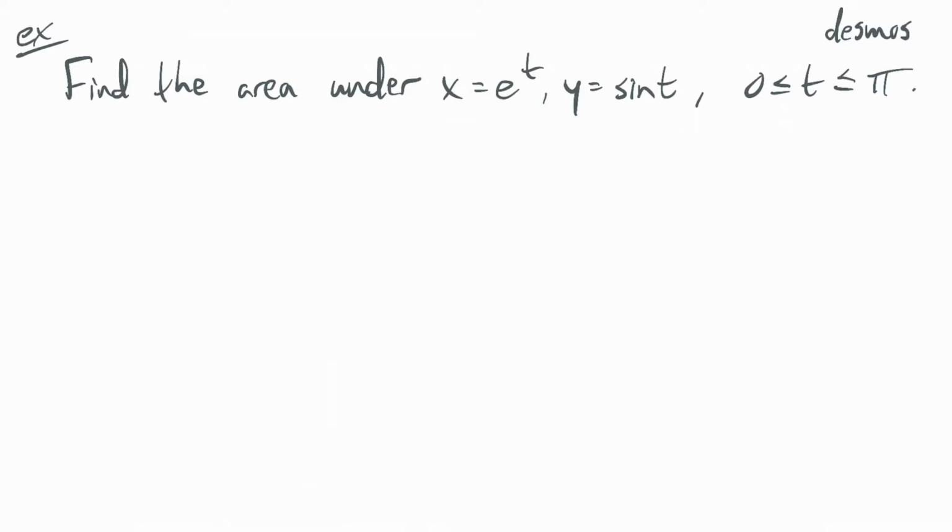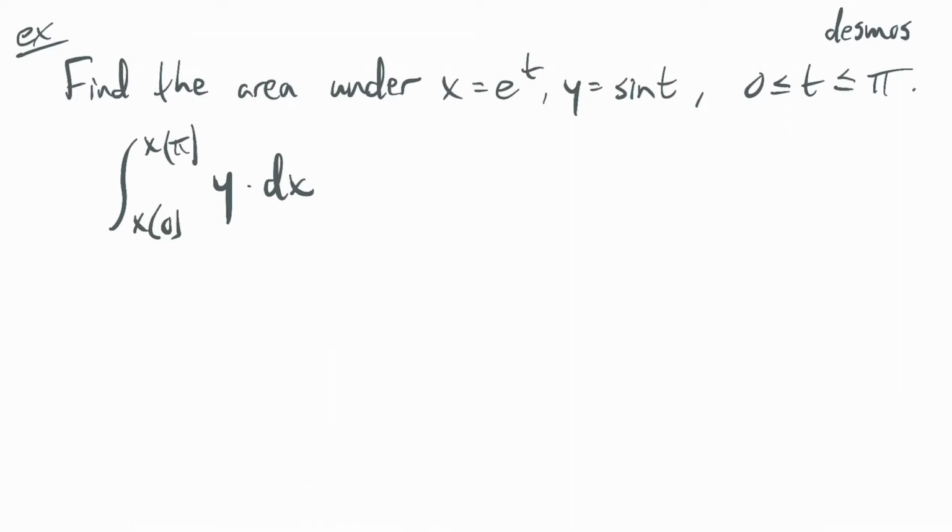Obviously, since we saw from the graph that y is a function of x, the graph passes the vertical line test, right? So I should be able to say, okay, well, I'm going to integrate from x of 0 to x of pi, right? Those would be the x coordinates. y times dx, the height of each rectangle times the width of each rectangle. And that should work fine, right?